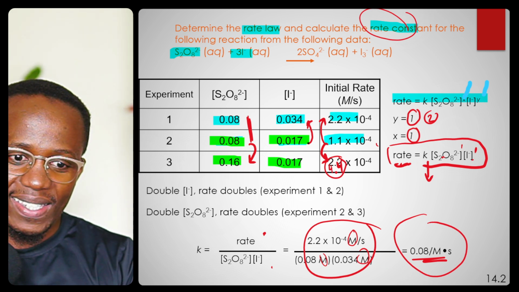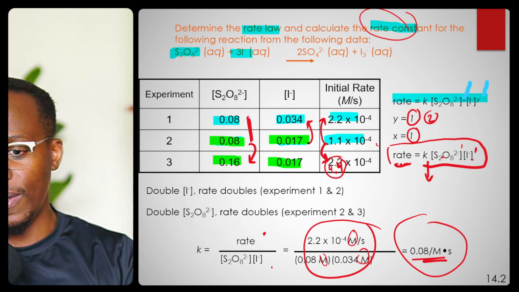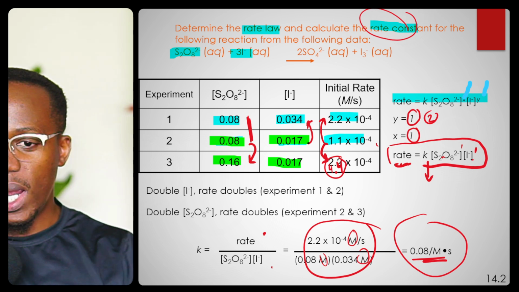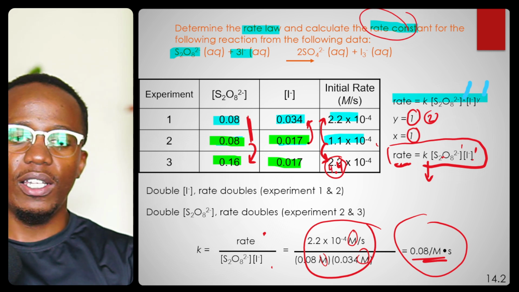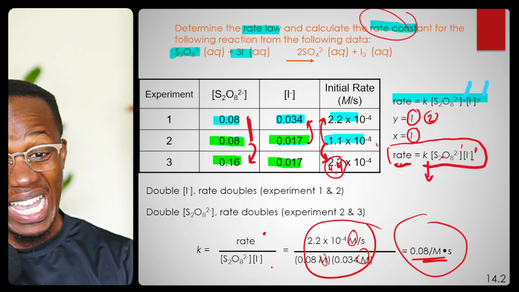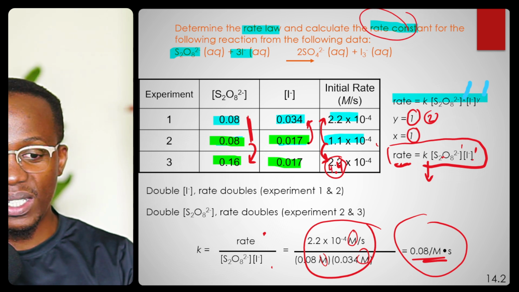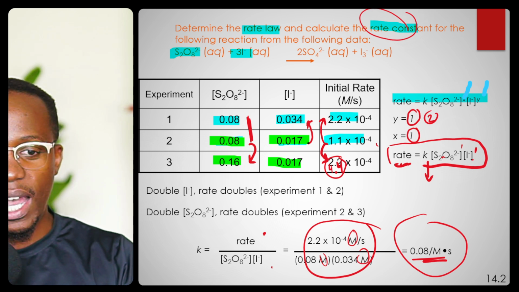Does that make sense? I think that makes sense. But if it doesn't, replay, rewind, rework some of these problems, look at the samples provided, try to practice on the homework. Then, if all this fails, reach out to me and I'll be more than happy to explain.